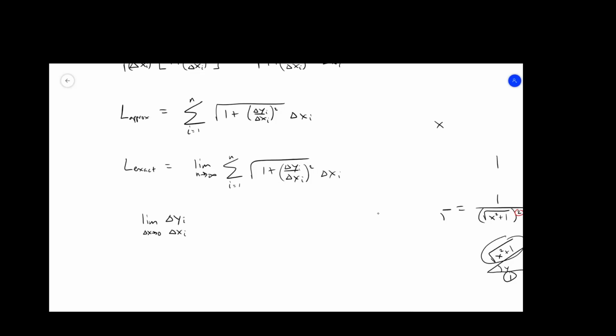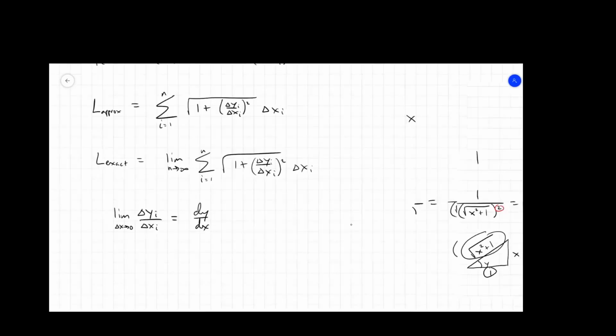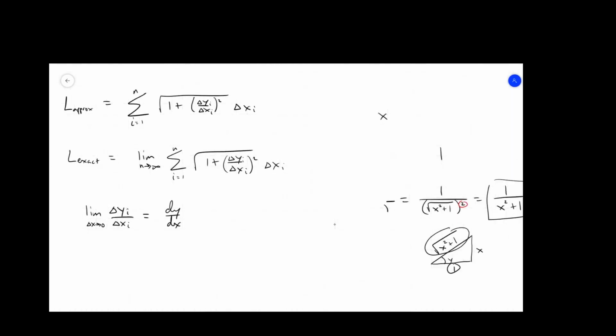But if you do it this way with this particular definition, that actually looks an awful lot like the definition of the derivative, and in fact that's exactly what it is. And when you take this limit, when you let that delta x go to 0, what happens is that those deltas turn into d's, and what you get is this, right? That is the derivative, dy dx. Okay, so those become differential quantities. So what does that mean?